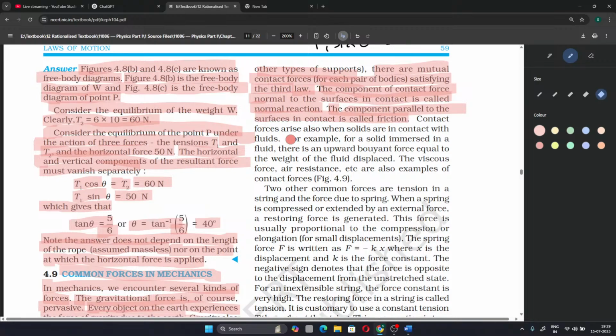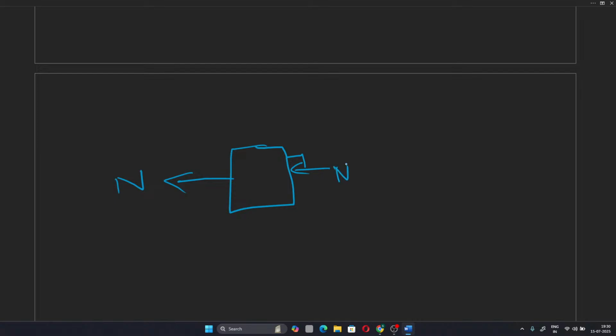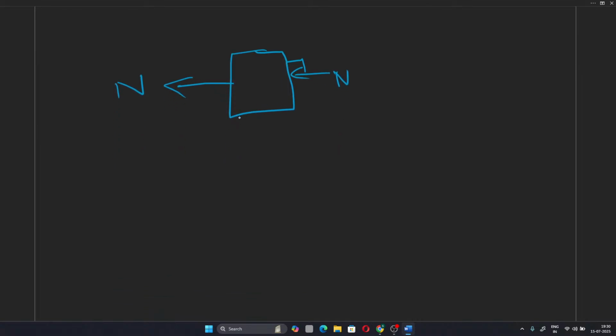It is the component of the force acting parallel to the surfaces of the bodies. So this is a block, and a normal force is like this or like this, and the friction force is like this.